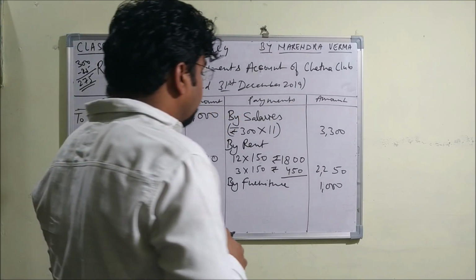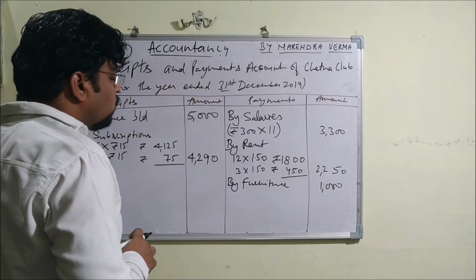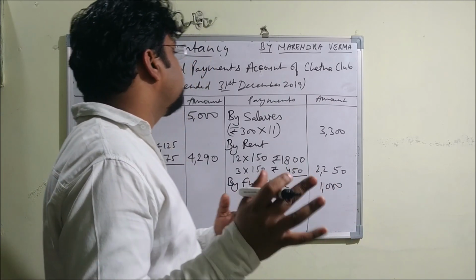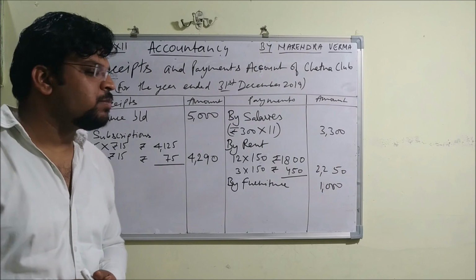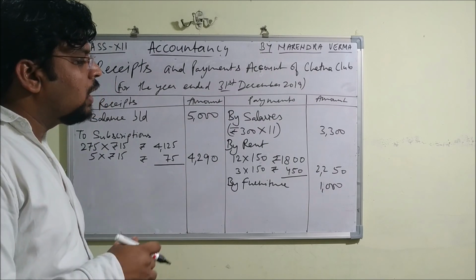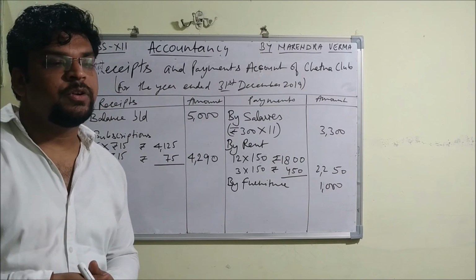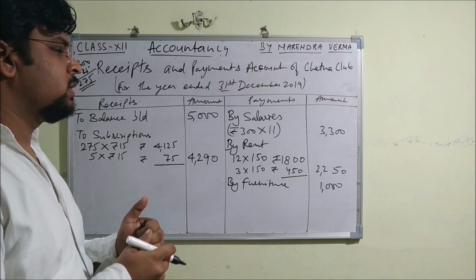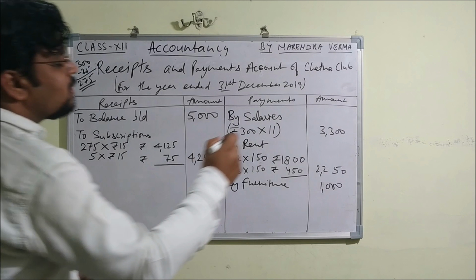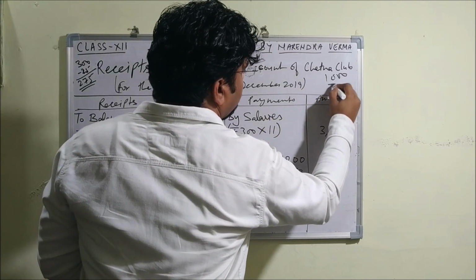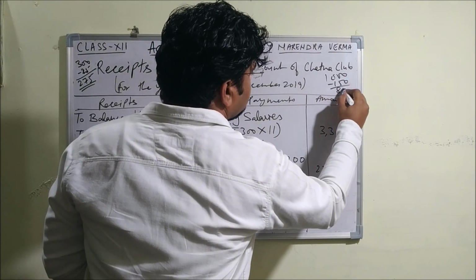Another item is miscellaneous expenses. Read the point again. What is the point given there? That miscellaneous expenditures are 1,000, out of which 150 has not been paid yet. It means only 850 has been paid. Here we can subtract 1,000 minus 150, that is 850.